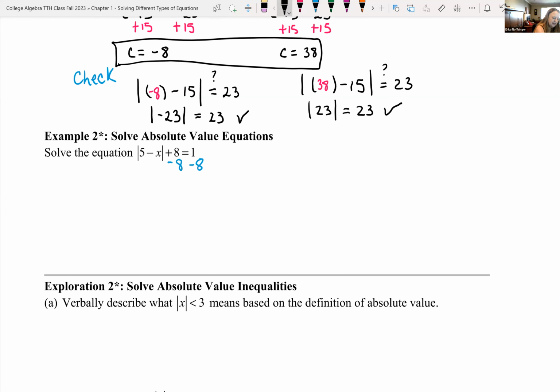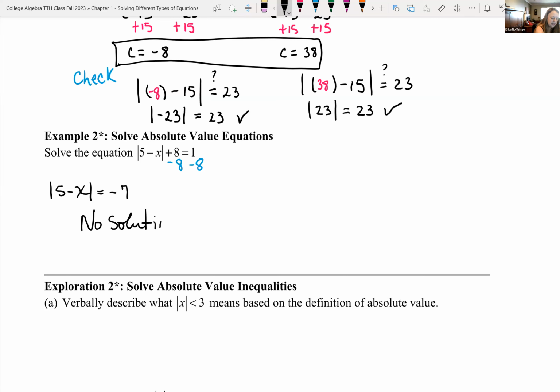We would get the absolute value of 5 minus x is equal to 1 minus 8, which is -7. I notice I have an absolute value equals a negative number, so I can stop, and I know that there is no solution.